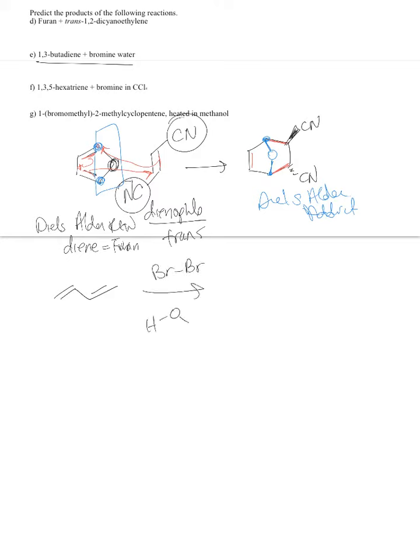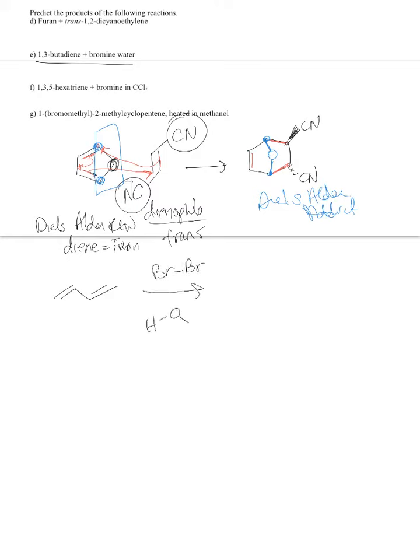One equivalent. This gets polarized to delta positive, delta minus, because it's just so big. It can get polarized. And you're going to make the bromonium intermediate.